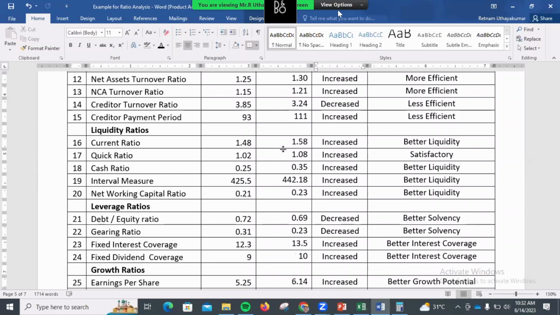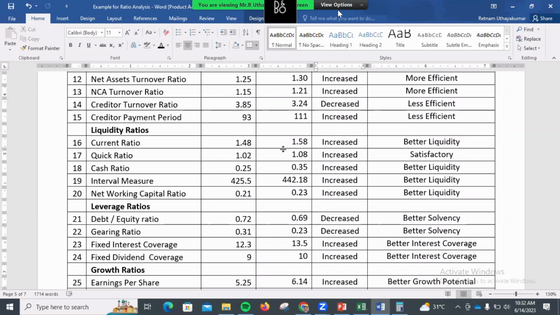1.48 is far below 2.0, but relatively it is better than the previous year. You can add to your comments, with better quality, that it is below the standard 2.0 for a trading firm. For other types of firms, that kind of benchmark is not used.